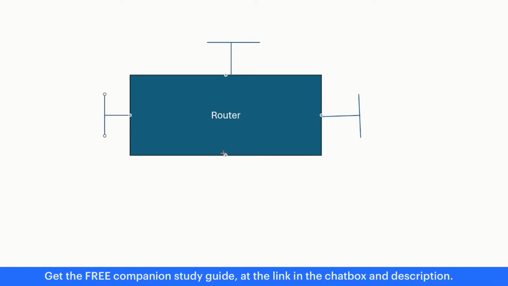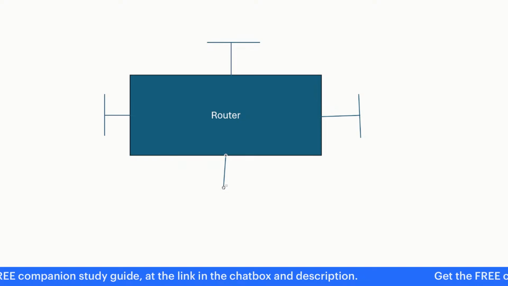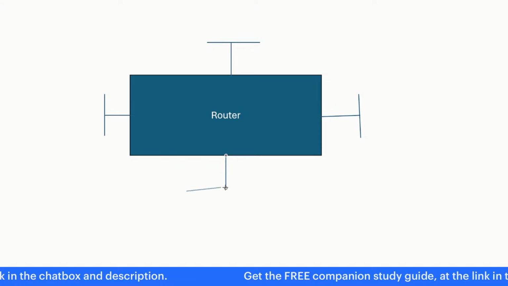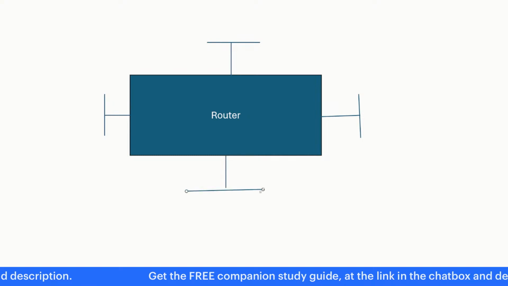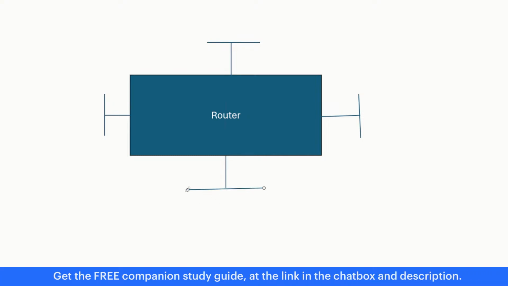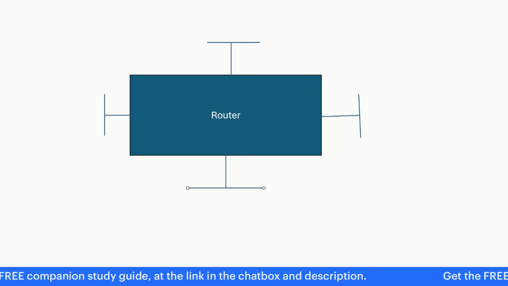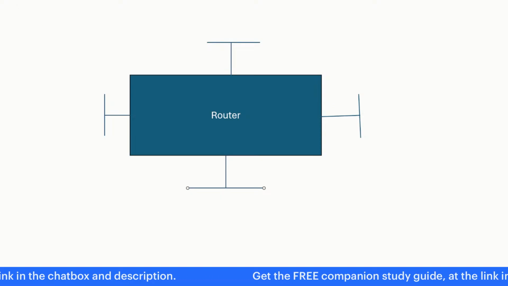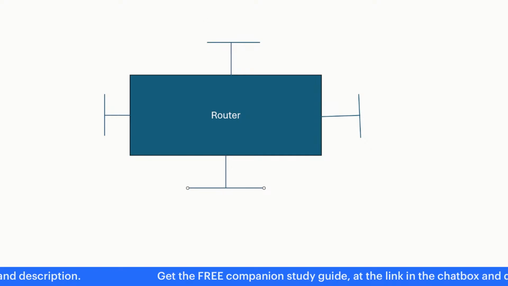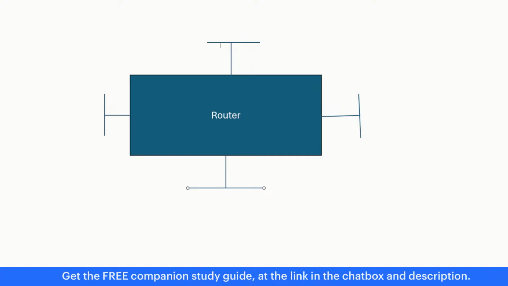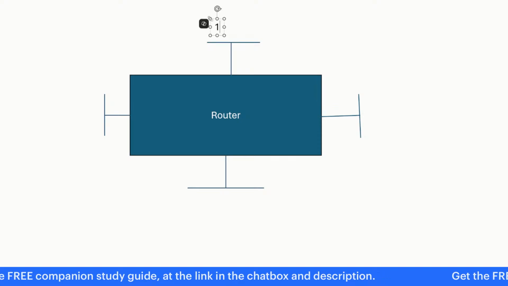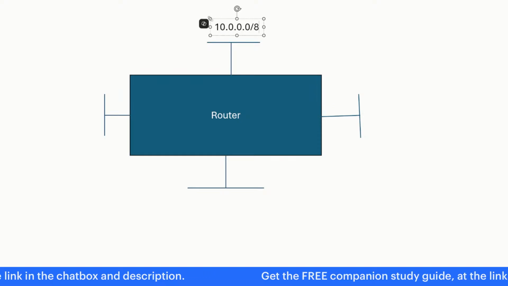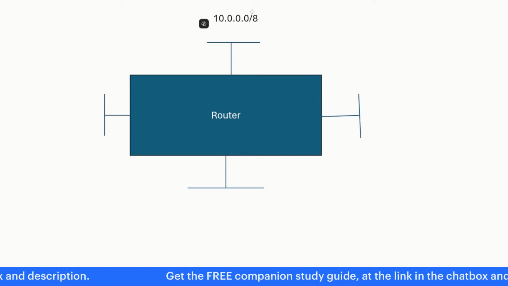So let's just say we didn't use subnetting, and I want you to see what has to happen. So every interface has to be in a different subnet. So imagine for right now, and these are public addresses, we're not going to use them. This is just for an example purpose. Let's imagine we put 10.0.0.0/8 on this link.